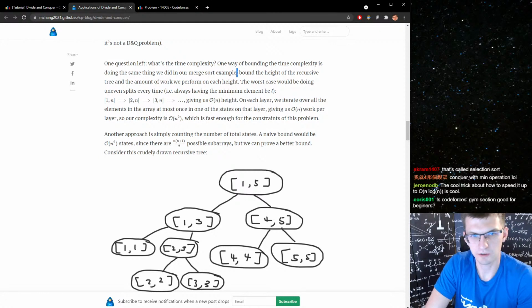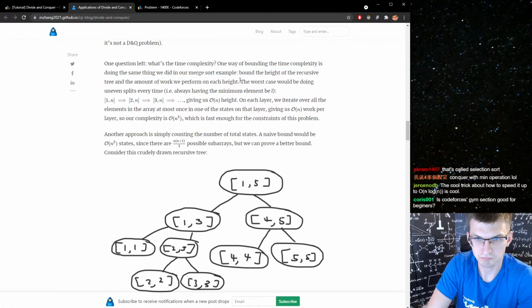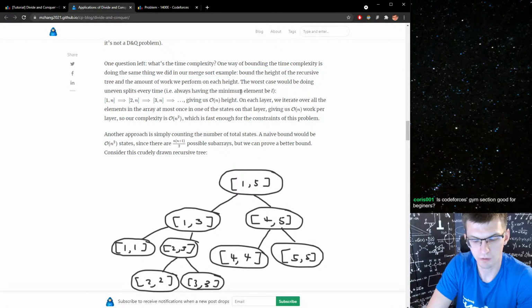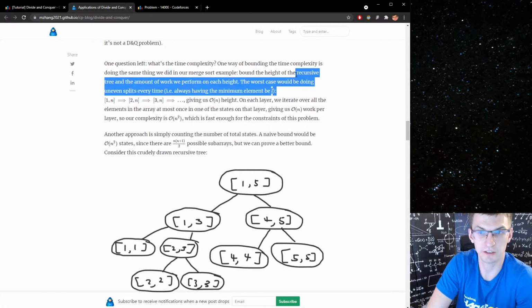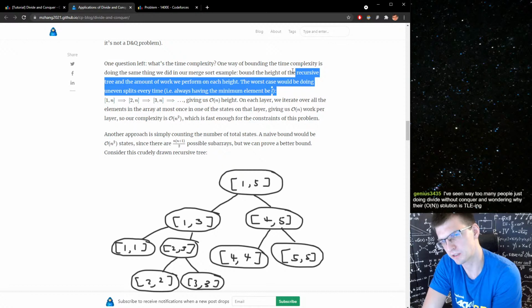Bound the height of the recursive tree and the amount of work we perform on each height. Yep. Yeah, 1 versus n minus 1. This should be a common knowledge for quicksort. Quicksort can be linear if you hit it incorrectly.